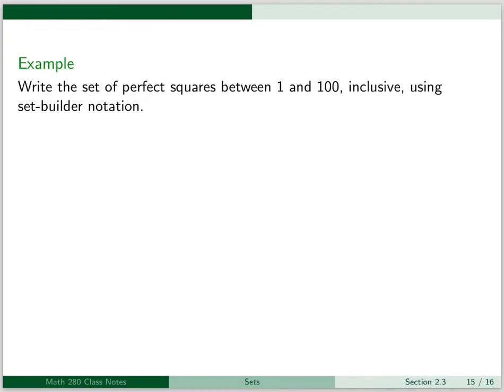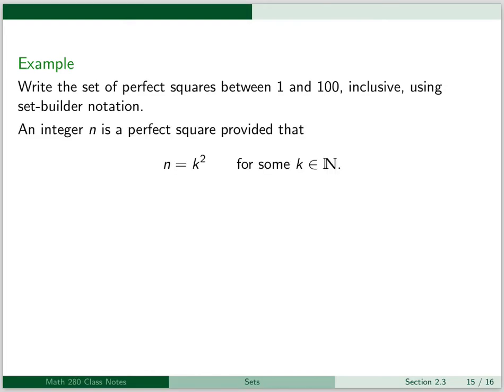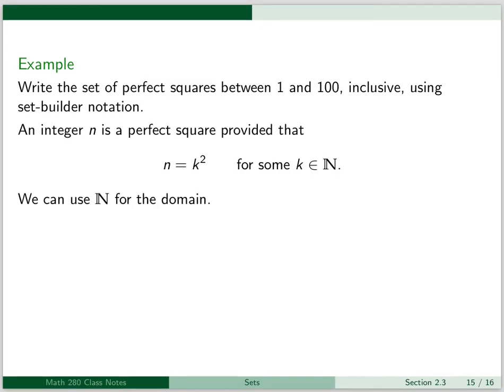Next, we want to write the set of perfect squares between 1 and 100 inclusive using set builder notation. So first we need to define what we mean by a perfect square. An integer n is a perfect square provided that n is equal to k squared for some k in N. So n is the square of a natural number k. We can use N for the domain.